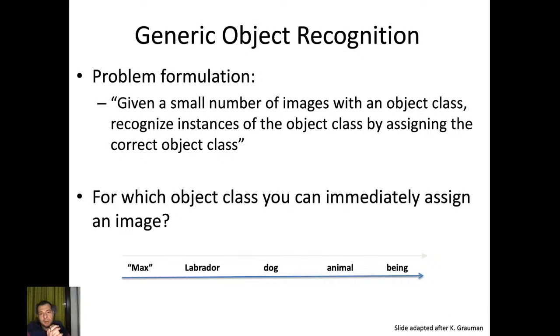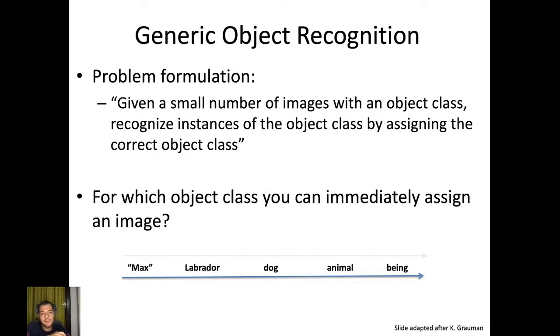If we think about instance level recognition, about recognizing specific instances, for example, a dog named Max, that is a Labrador, is a specific instance of a larger object class that is known as dog.